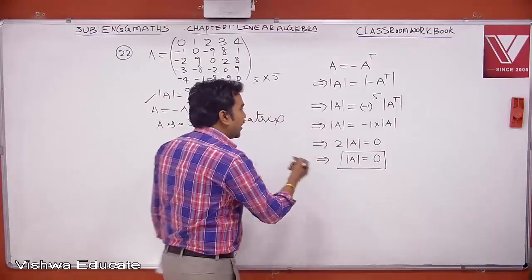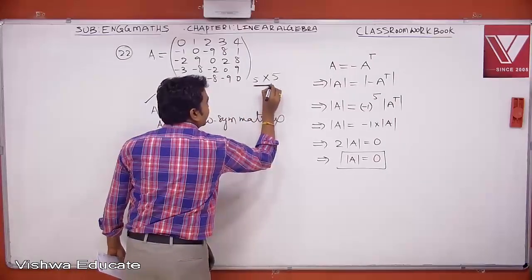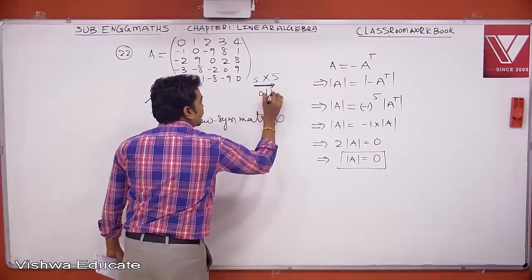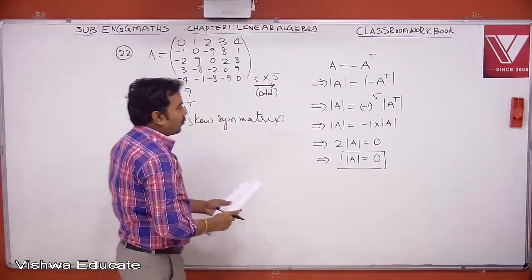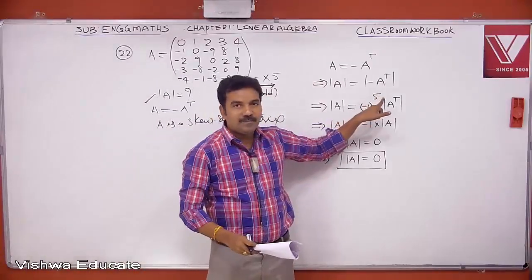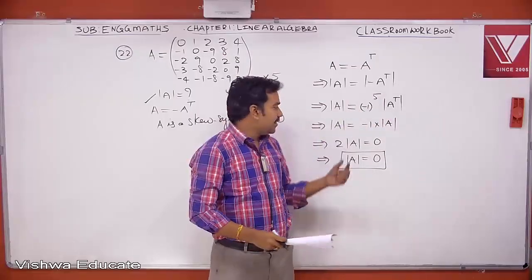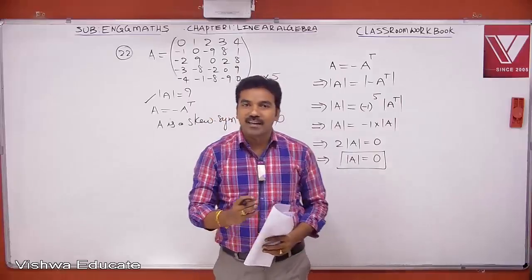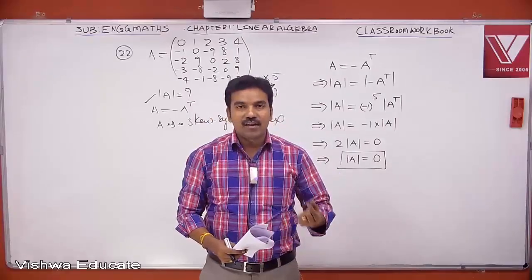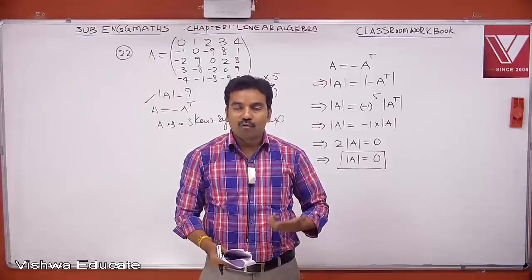See, the speciality in this case is its size. Its size is odd, and this is a skew symmetric matrix. Suppose the size is an even number; minus 1 whole power an even number is plus 1. In that case you will get det A equals det A. If det A equals det A, you won't get anything for the det A value, because that is like saying 2 equals 2, 3 equals 3, 4 equals 4.